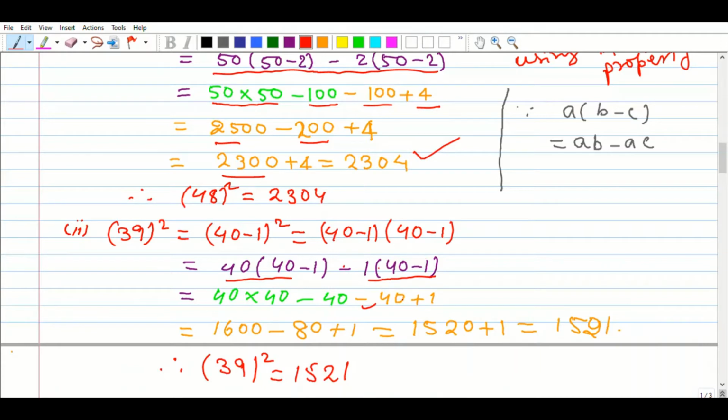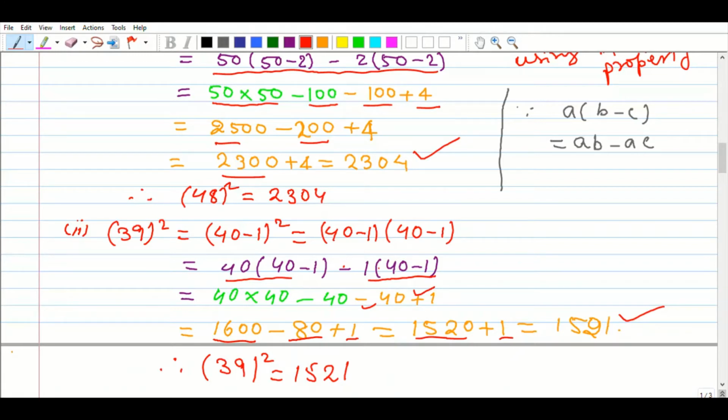So 4 4 is 16, and 0 0 put here. After 16 we get 1600. 40 plus 40 we know it's very easy, 80, and 1 is here. After computing it, 1600 minus 80, 1520 plus 1, we get 1521. Now we have got that 39 square equal to 1521. In both cases we have done.